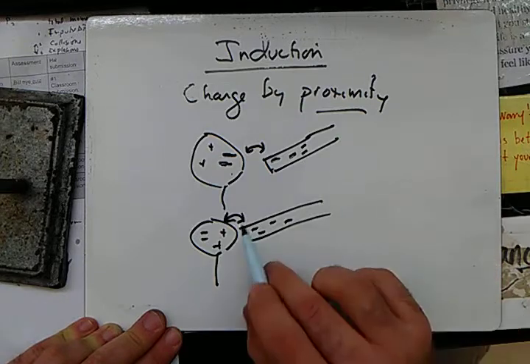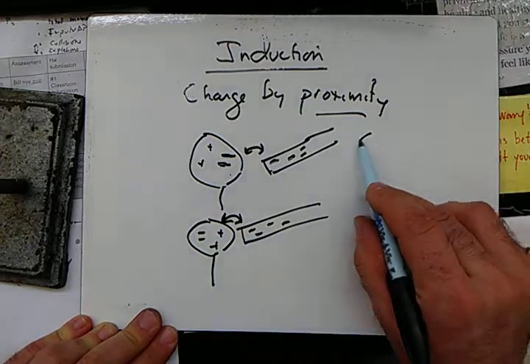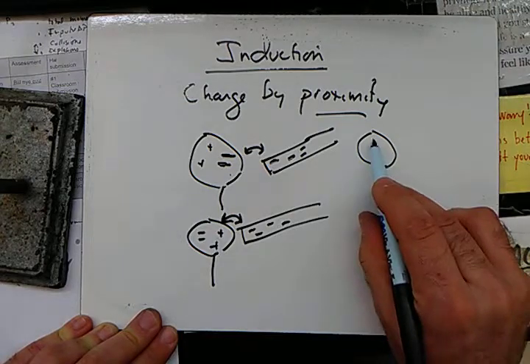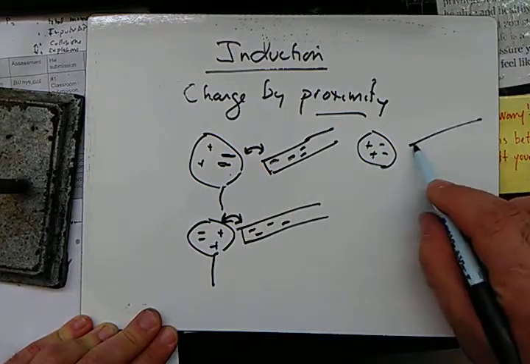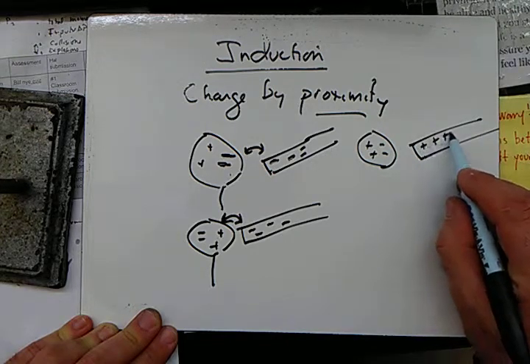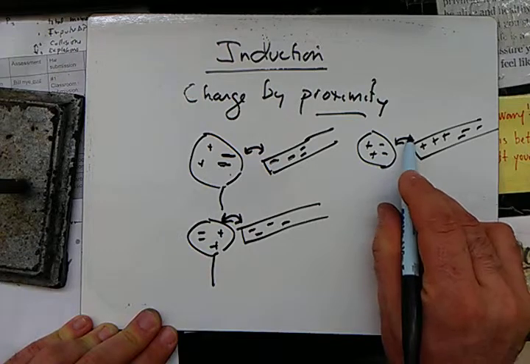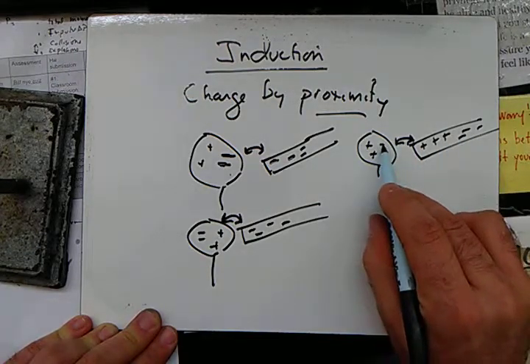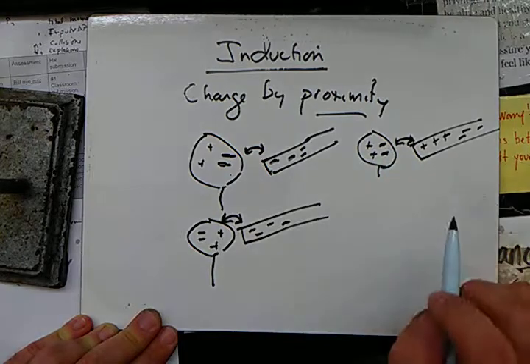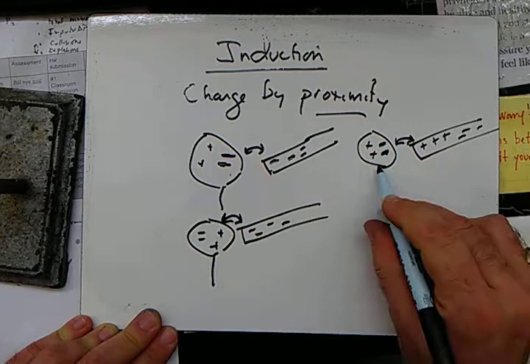I can also look at this in the opposite way: if I have a sphere here, and I have positive charge here and negative charges here, my positive charged rod can negatively charge this sphere to bring the electrons to the surface, which is pretty cool.